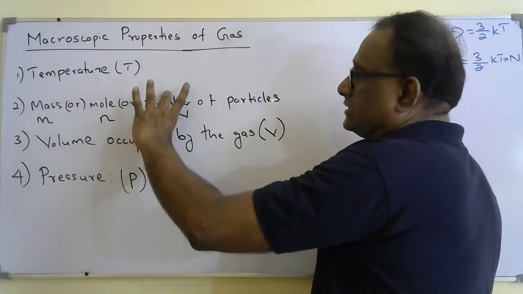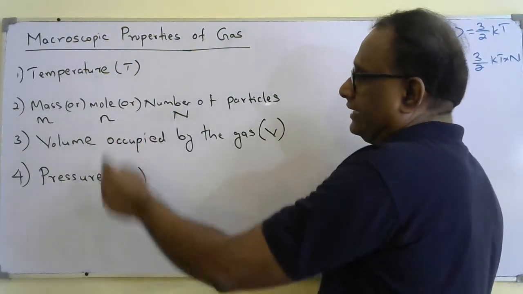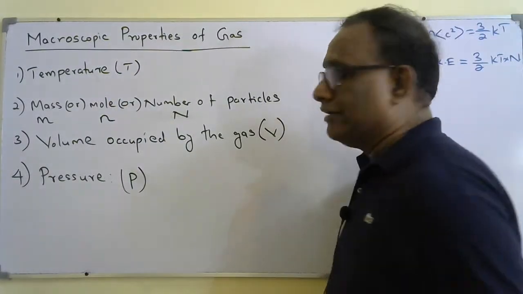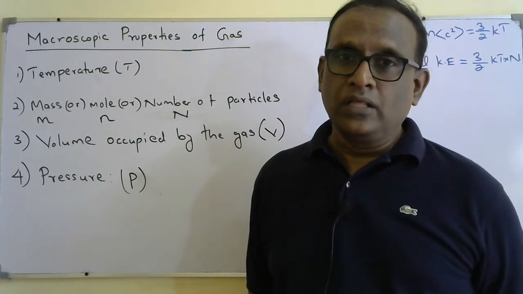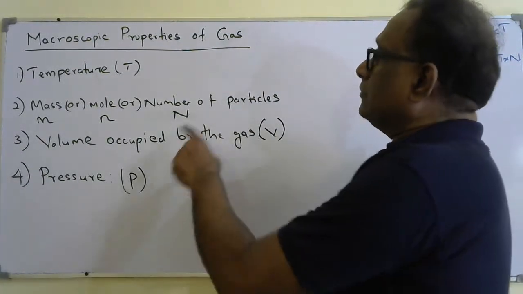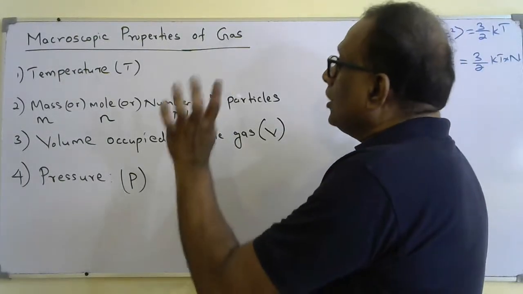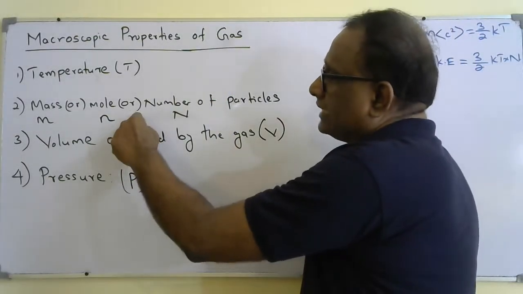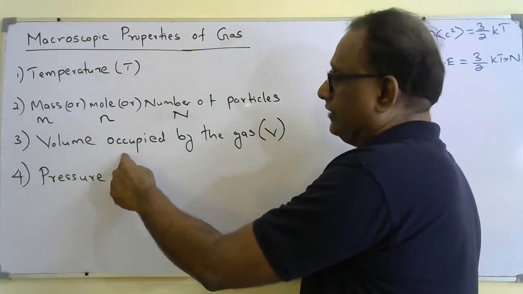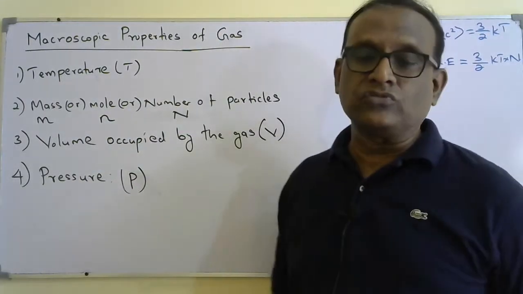Now these two are constant, and the first and last are going to vary: P1 over T1 equal P2 over T2. Third one, Charles's law. There, what is constant? Constant mass of gas at constant pressure. So second and fourth remain constant, and first and third vary: V1 over T1 equal V2 over T2.